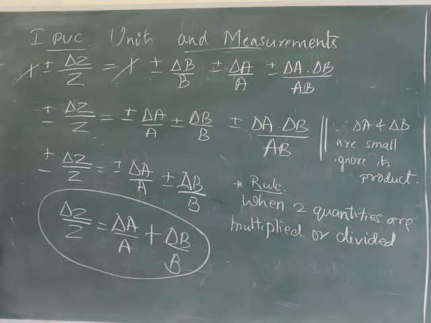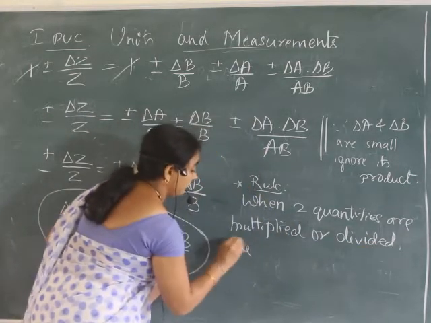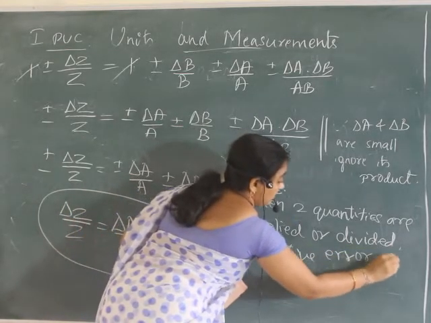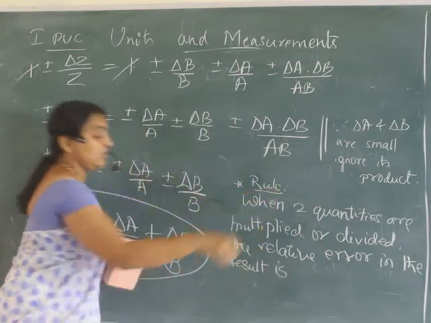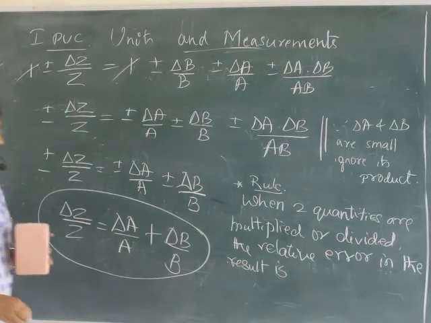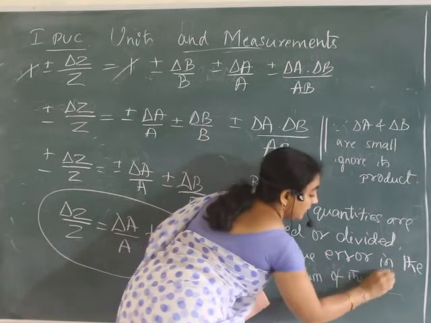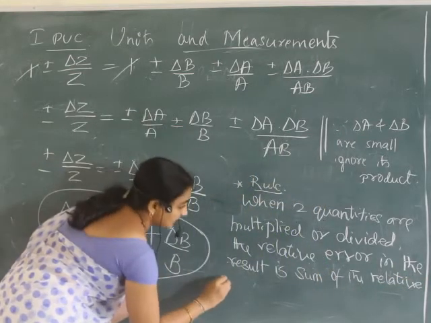The relative error in the result is the sum of the relative errors in the multipliers.